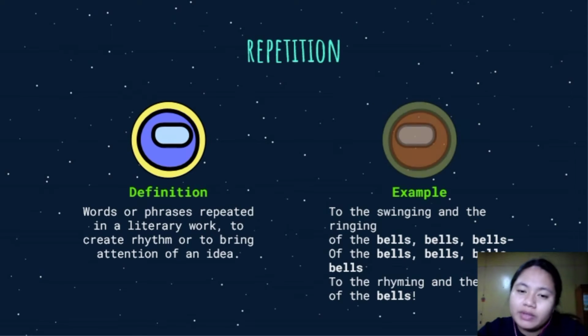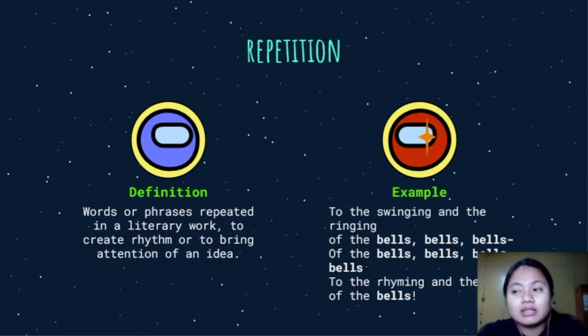Next is repetition. What is repetition? Repeat, meaning that something is repeated on and on. Repetition is words or phrases repeated in a literary work to create rhythm or to bring attention to an idea. The example given here is: to the swinging and the ringing of the bells, bells, bells, to the rhyming and the chiming of the bells.